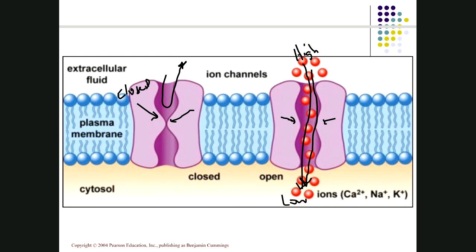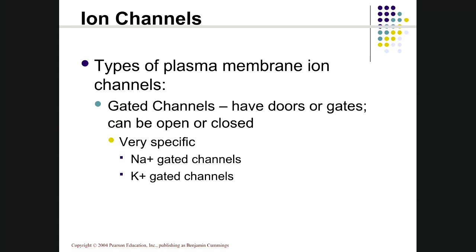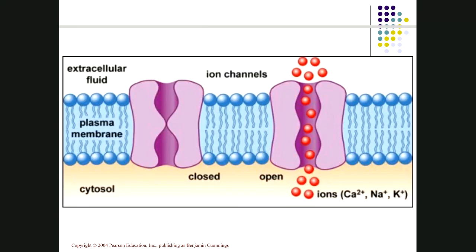And then don't forget, just like these other channels, they're very specific. So we have gated sodium channels, and we have gated potassium channels. There are others too. There's calcium channels. There's all kinds of them. But for us, these are the ones we're mostly going to be concerned with. So I don't know which ion this is, but let's pretend it's sodium.